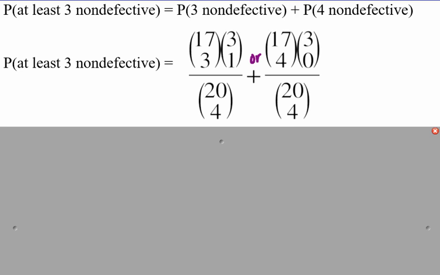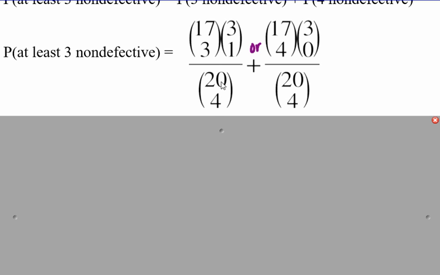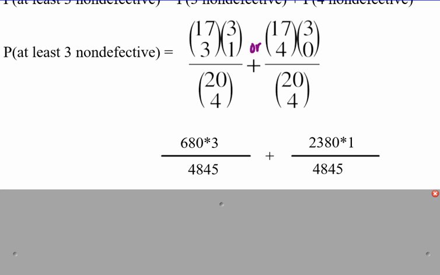Then I just calculate all of these individually, multiply the top parts, divide it by the bottom, find the probability of getting 3 goods, find the probability of getting 4 goods, and add them together because it's one or the other. So 680 times 3 divided by 4845 plus 2,380 times 1 divided by 4845.